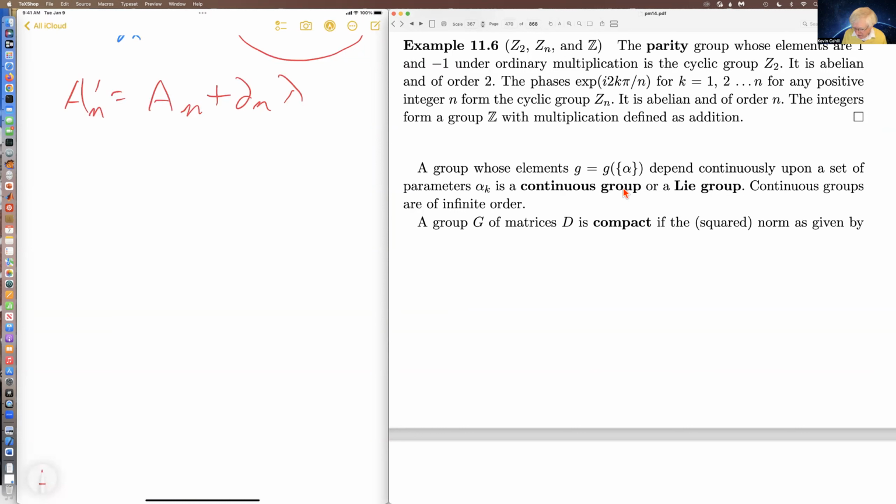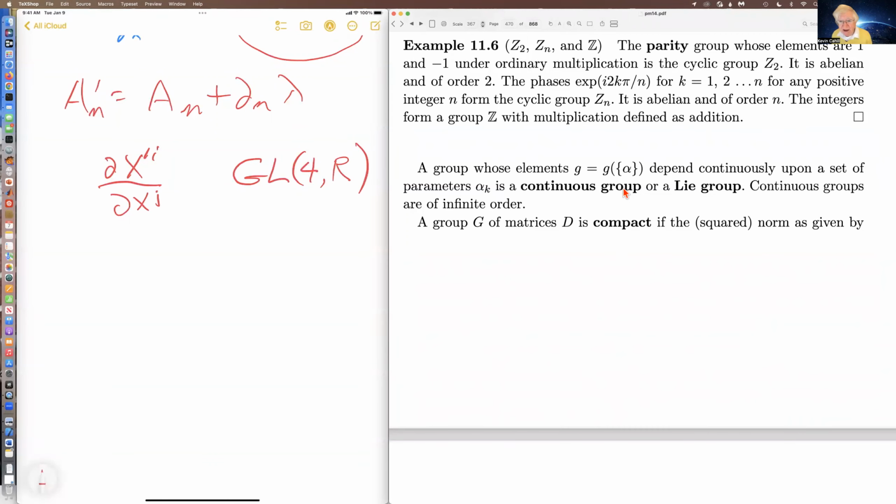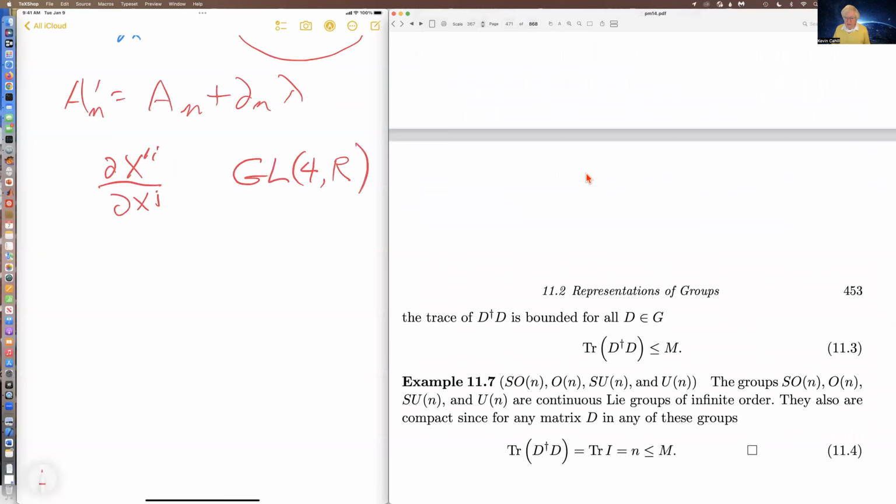In particular, partial x prime i over partial x j is an arbitrary 4x4 real matrix, and these things form a group called GL(4, R), the general linear group in 4 dimensions, real numbers. So that's another group.